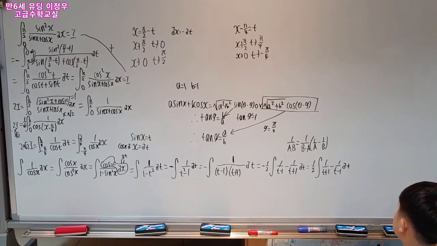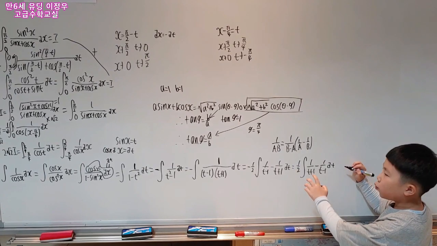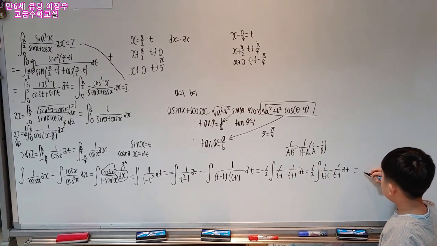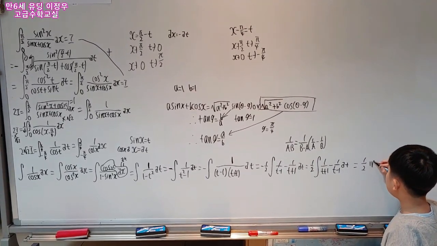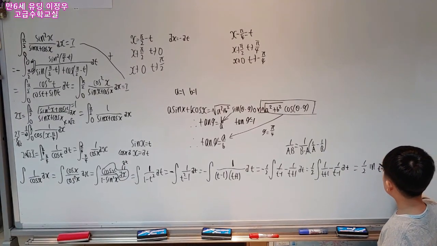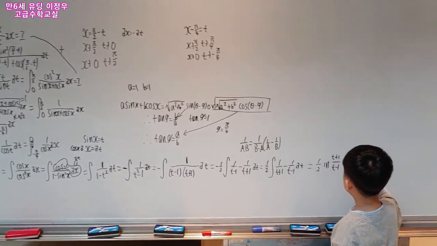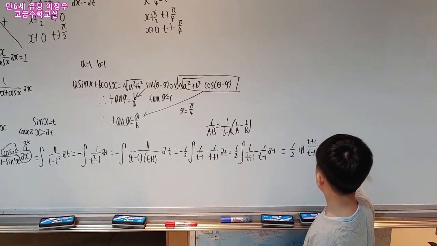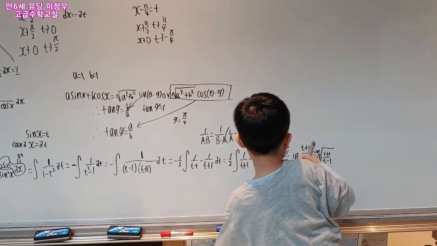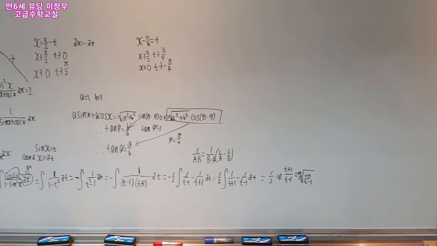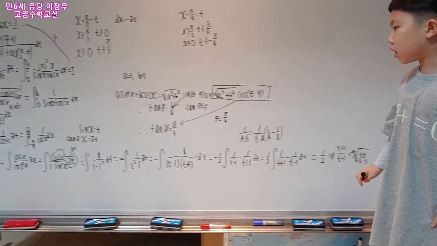When we integrate this, 1 over 2 ln of t plus 1 over t minus 1, and we know t equals sine x.